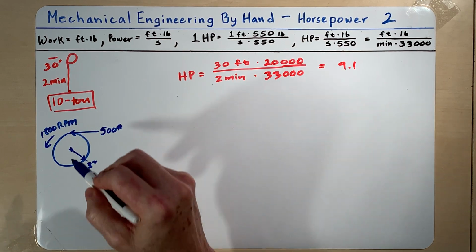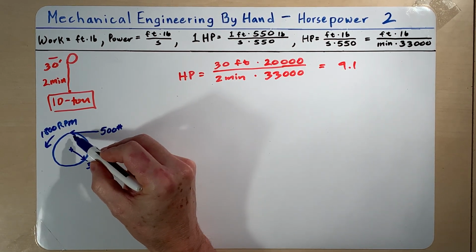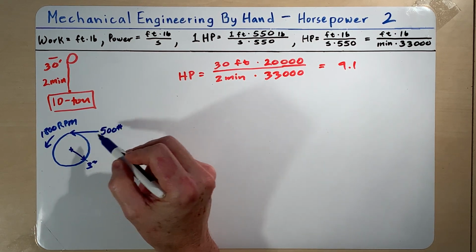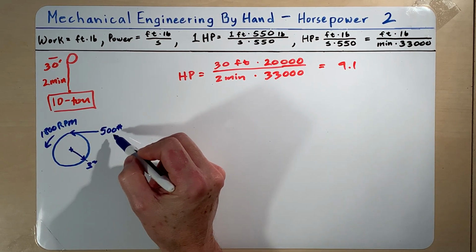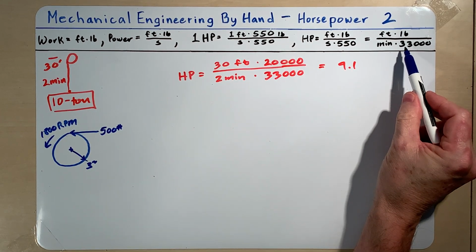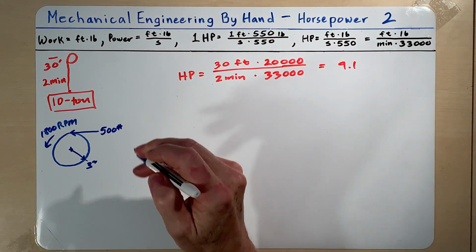So we need to find the velocity of this point where the force is applied, and once we find that, we have the force, and we're using minutes, so with that information we should be able to determine the horsepower.